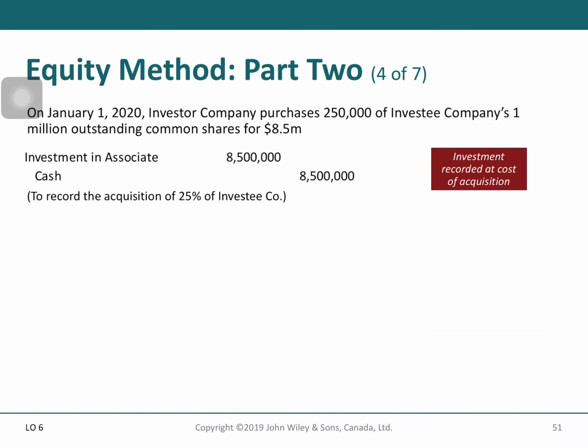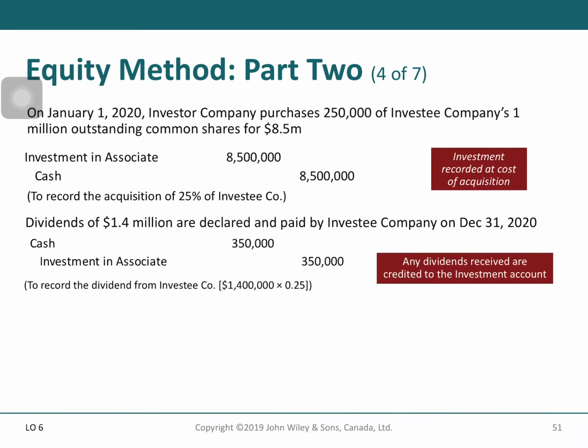Okay, we continue. On January 1st, 2020, investor company purchases 250,000 of investee company's 1 million outstanding common shares for 8.5 million. Okay, so you will record cash on credit 8,500,000 and investment in associate on the debit side for 8,500,000. Okay, remember you have a 25% level of ownership, meaning this is investment in associate. Dividends of 1.4 million are declared and paid by the investee on December 31st, 2020.